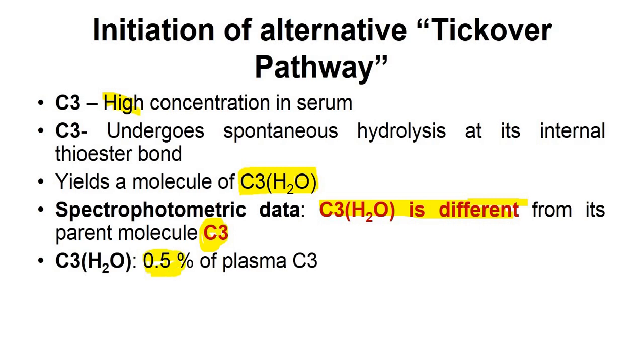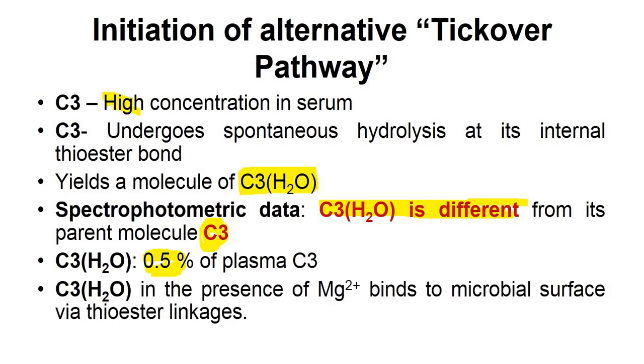0.5% was C3H2O, remaining 99.5% was C3. So, C3 was the majority, C3H2O was the minority, just 0.5%. Nevertheless, this 0.5% was very different from the parent molecule C3.